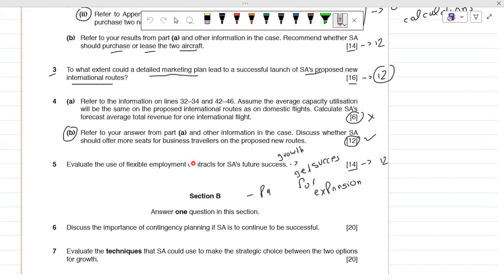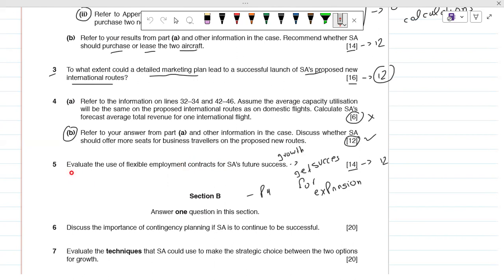In this case study, the business objective of this company is growth, basically. I think you read this case study before, so I hope you remember all the important points. So you know that growth is SA's business objective in this specific case study.